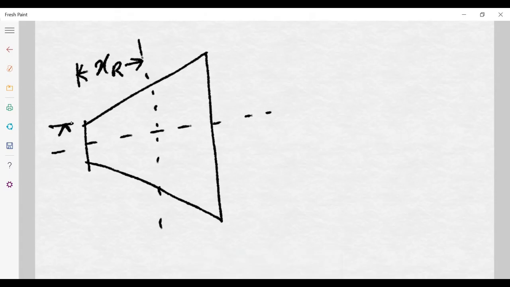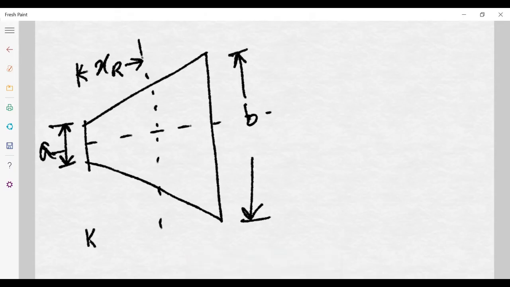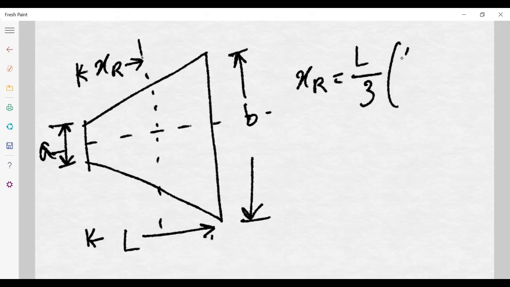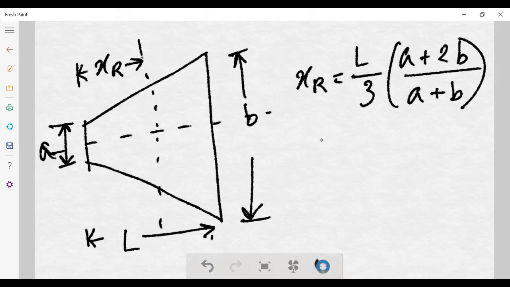If this is A and this is B, the location of the resultant should fall at the CG. That is our prime importance. So the XR formula is L by 3 into A plus twice B over A plus B.